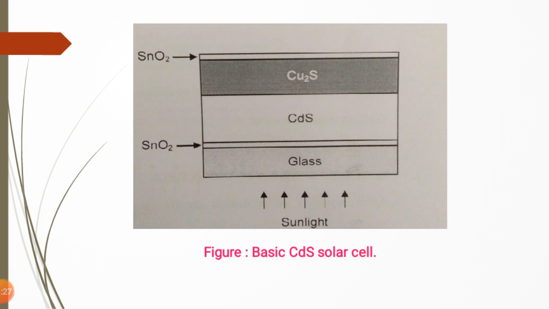That means the glass, that is the substrate side, is exposed to the sunlight, so that the glass transmits maximum solar radiation, and after that this solar radiation hits the SnO2 layer, and after that the working of the solar cell starts. So this is the basic CdS solar cell.